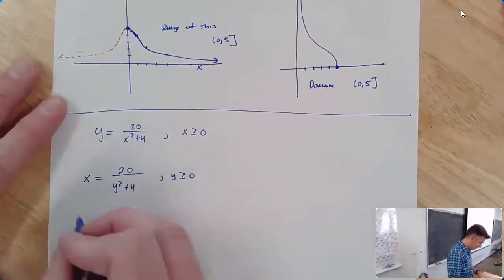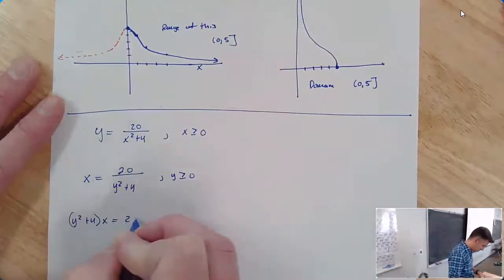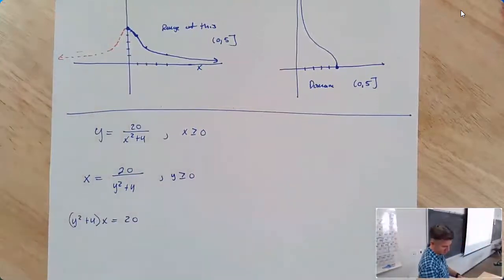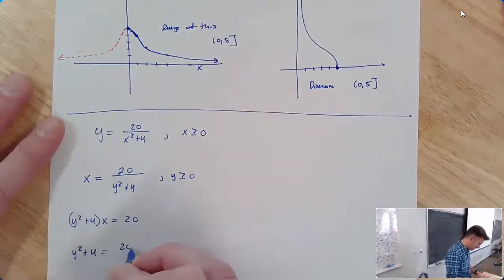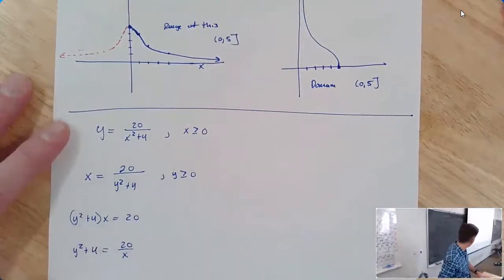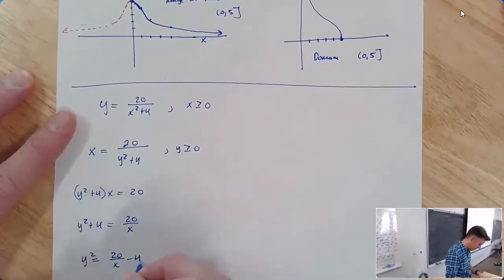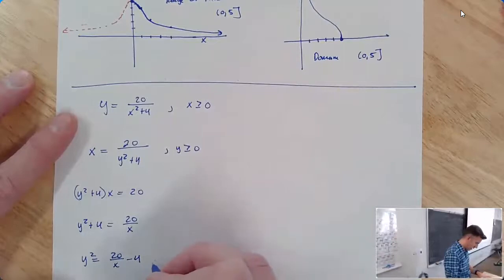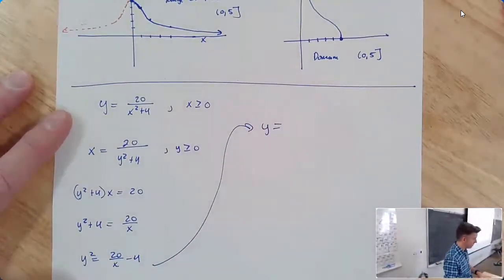So if we multiply both sides by y squared plus 4, we get y squared plus 4 times x equal to 20. And then to solve for y, I'm going to divide both sides by x. y squared plus 4 equals 20 divided by x. That seems dangerous. And then y squared equals 20 divided by x, minus 4. And then I'm going to get y equal to, now check this out.